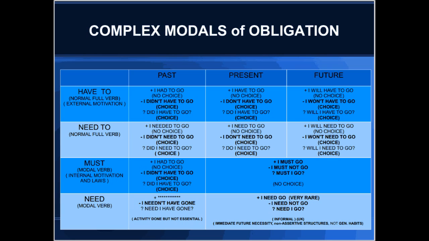on. Hopefully, there's much more that we could go into about the relationships of have to with need to, about the relationships of must with need as modals. You can see from the bottom of the table, need as a modal verb is a really specialized piece of language.